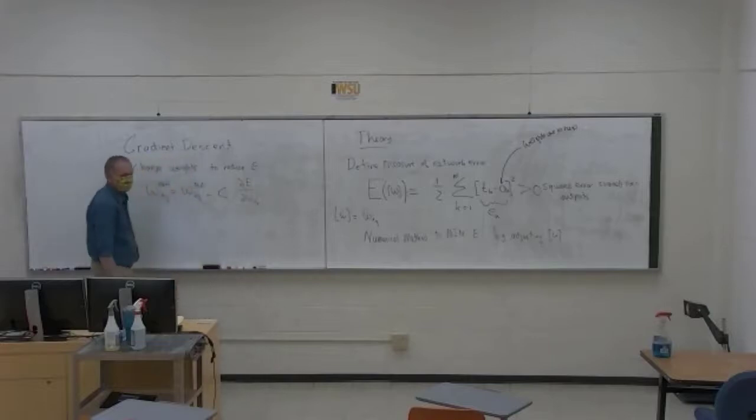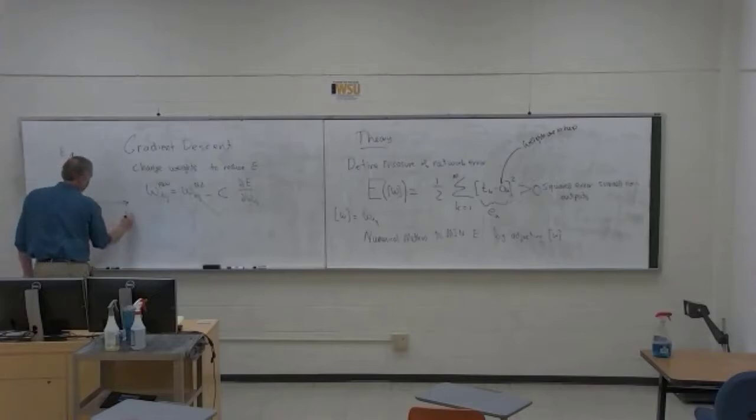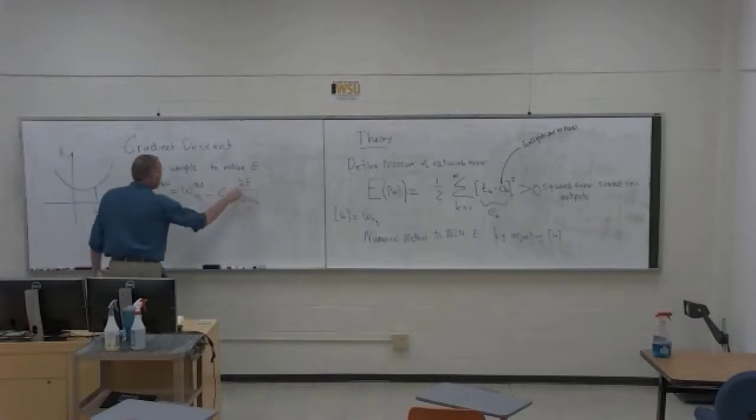So singling out just one weight in that matrix, and if we plot the error just on the axis of Wij, it may look something like this. And our current weight here is Wij old. This says calculate the slope.